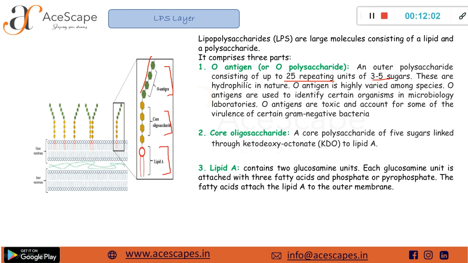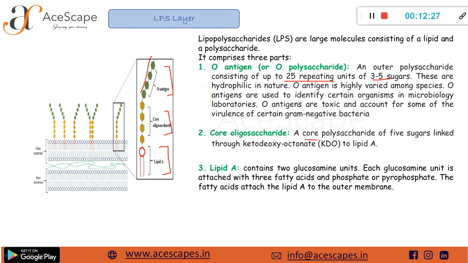These antigens are very important, as they are used in the identification of some gram-negative bacteria, and they are also toxic in nature and may account for virulence, contributing to the pathogenesis of gram-negative bacteria. Then next we have the core oligosaccharide.